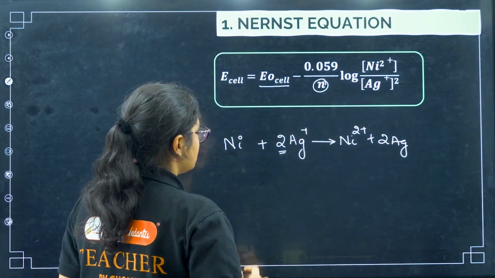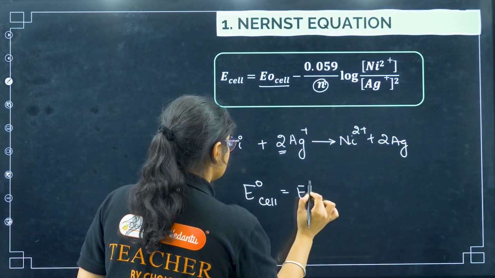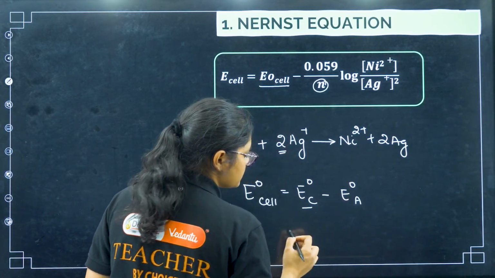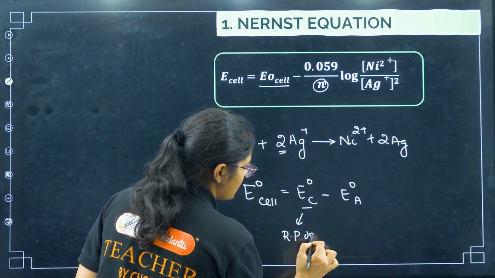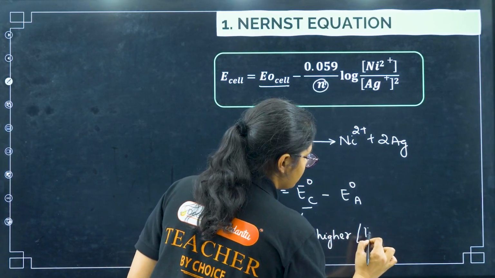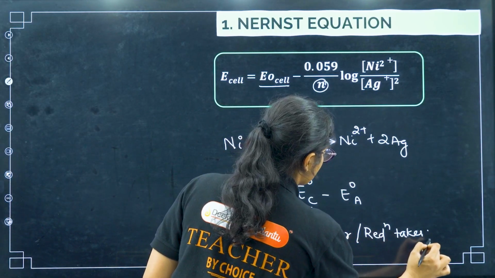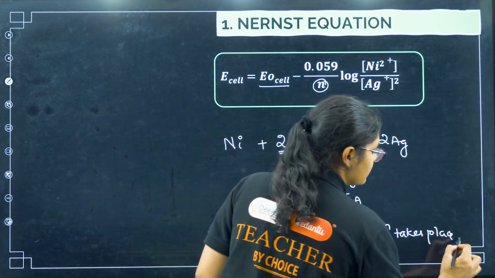E of the cell is your E naught of the cell, and E naught of the cell, how do we calculate? That is your E naught of cathode minus E naught of anode. How will you know which is your cathode? Cathode is the one where the reduction potential is higher, or cathode is the one where reduction takes place, and cathode will always be written on the right hand side.